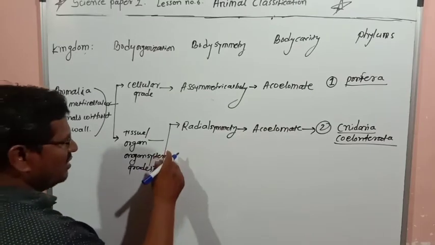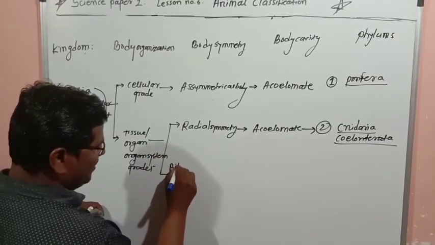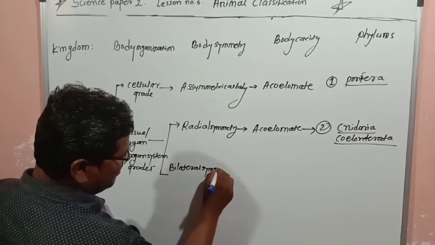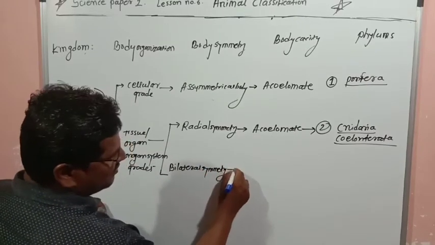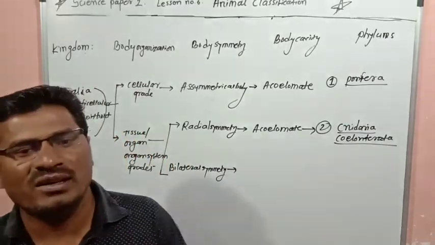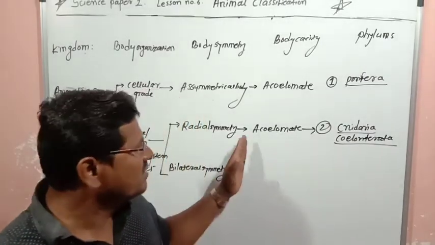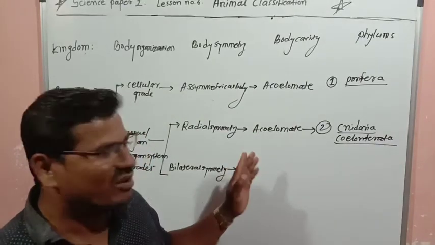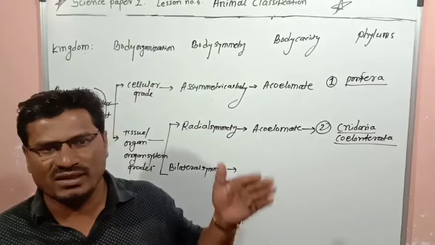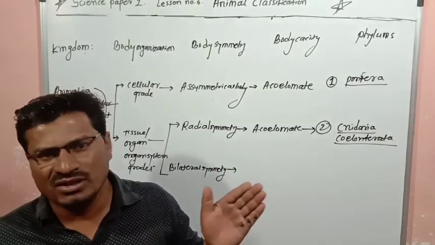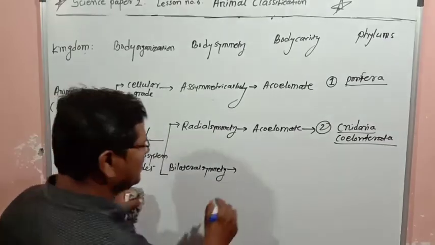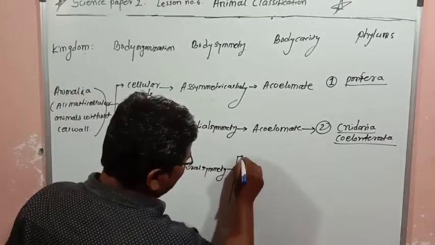The next one is bilateral symmetry. In bilaterally symmetrical organisms, we see the body cavity.